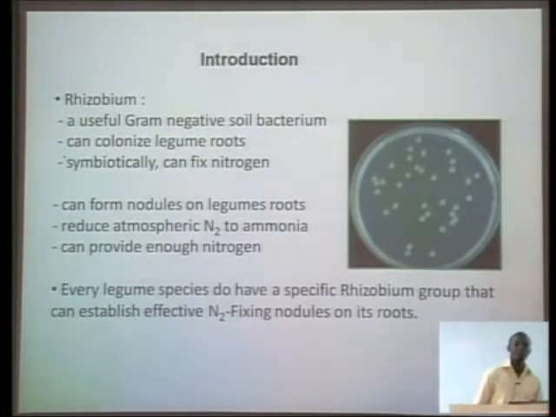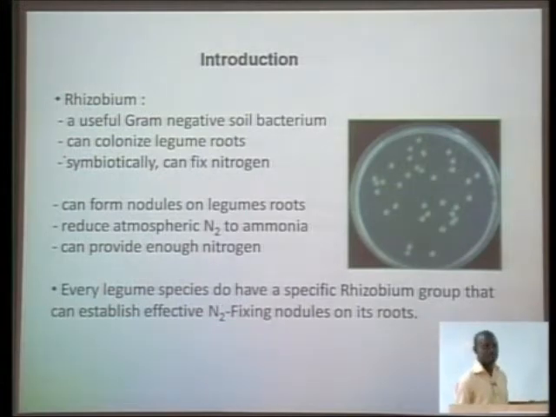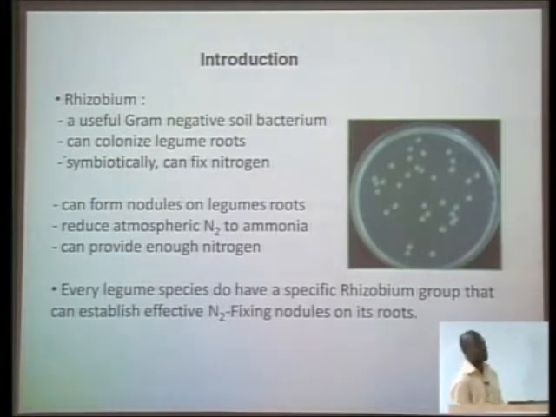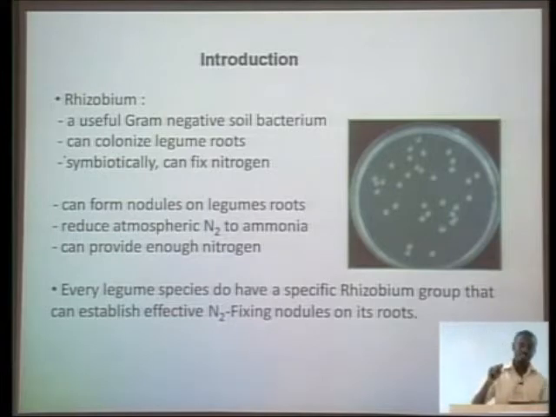Rhizobium can provide enough nitrogen to meet the physiological needs of the leguminous plants. It is important to note that every leguminous species has an effective and specific rhizobium group that can establish effective nodules fixing nitrogen on its roots.